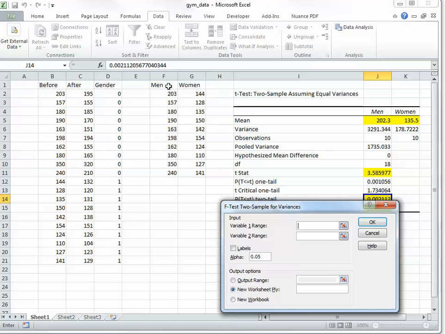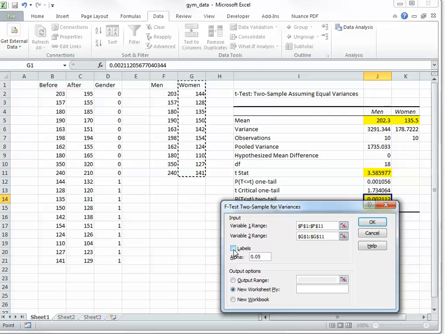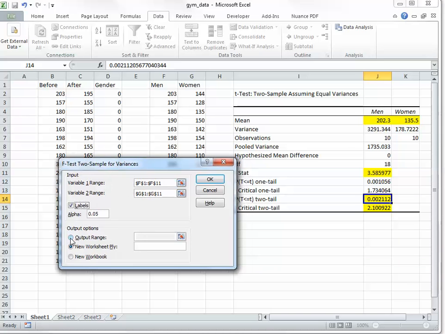For the input range, we're going to put the highest variance first, so we know that that's the men, and then the lower variance second. We do have labels. We're going to leave the alpha. The alpha should be set the same as your t-test. And then I'm going to put the output here on the same page.